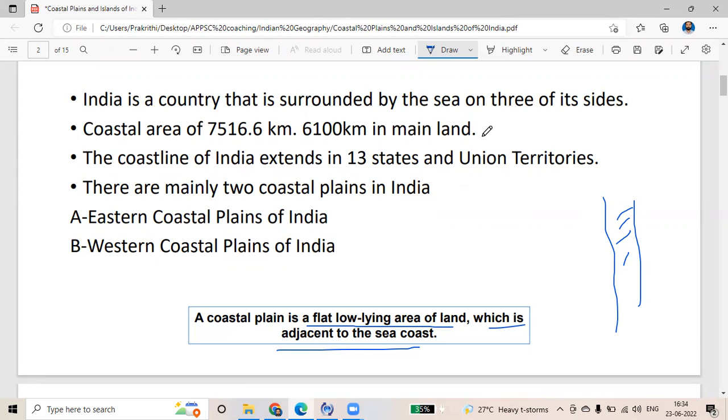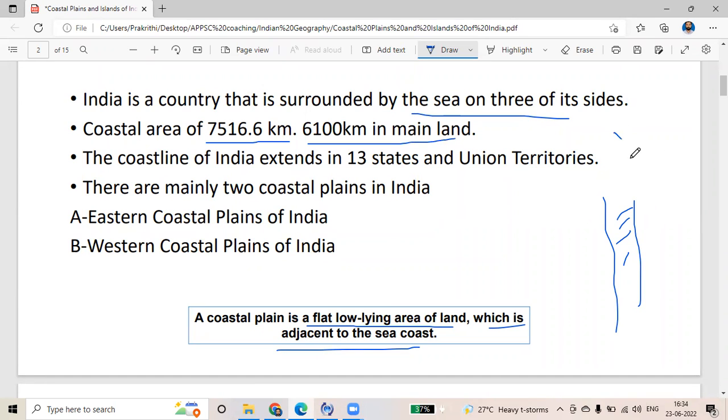So India is surrounded by sea on 3 sides, as we know. Based on that, we have a coastal area of 7,516 kilometers. So when we take the total coastal area, we have 7,516 kilometers, out of which 6,100 kilometers is in the mainland.